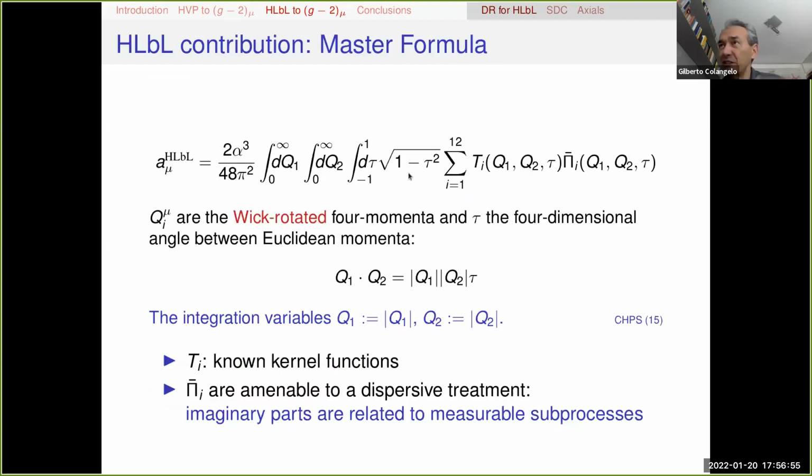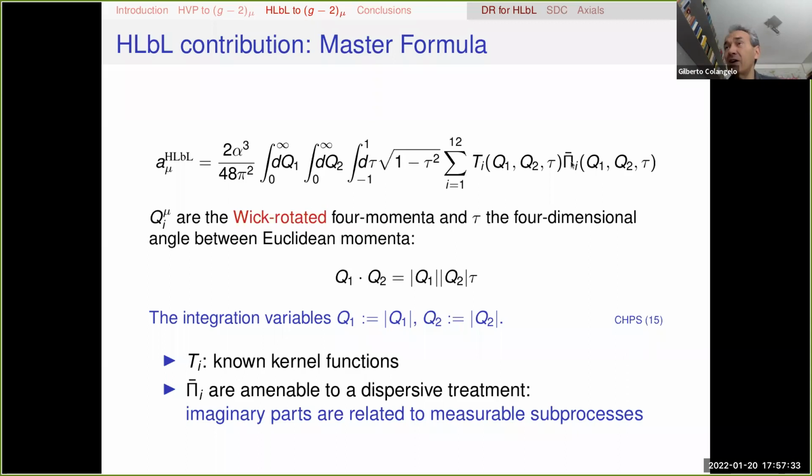You have a 2-loop integral, so in total you have an 8-dimensional integral, and 5 of these integrations you can carry out explicitly even without knowing these functions, because, being scalars, they depend only on the independent scalars, and so you can do all the other integrals. So the final formula is shown here, what we define as the master formula for hadronic light-by-light, which expresses its contribution in terms of a triple integral with known kernel functions.